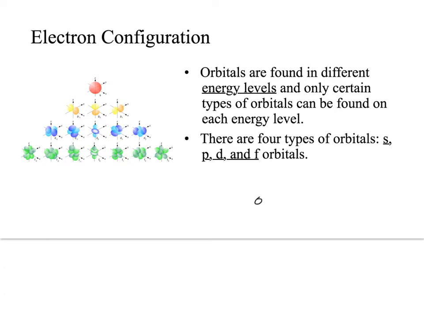So you can find orbitals of that shape, or that, or that, kind of getting bigger and bigger. However, there are 4 different types of shapes. They are S shapes, P shapes, D, and F.